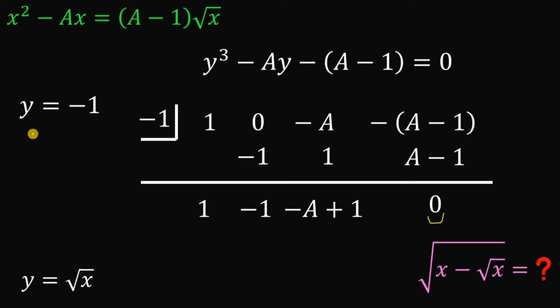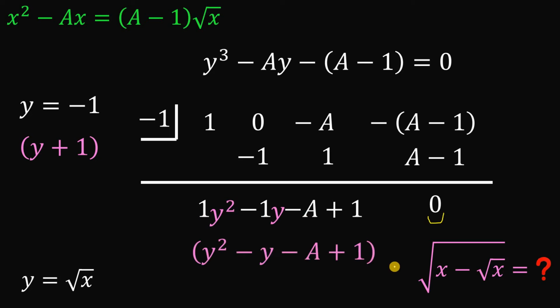And now, from here, we know one factor must be equal to y plus 1. And the next question is, what is the other factor? And here it is. We have 1 y squared minus 1 y minus a plus 1. So here is the other factor of this cubic equation.